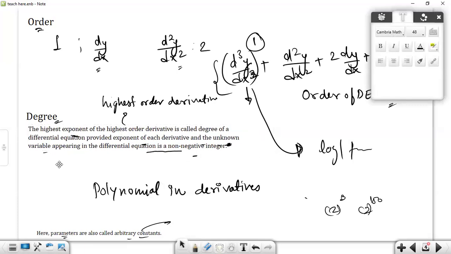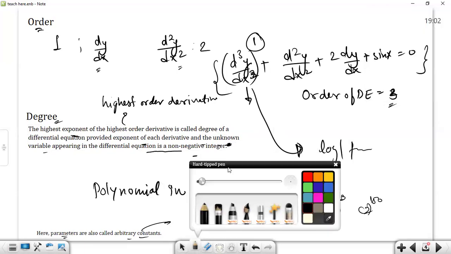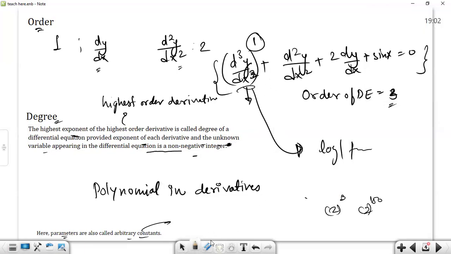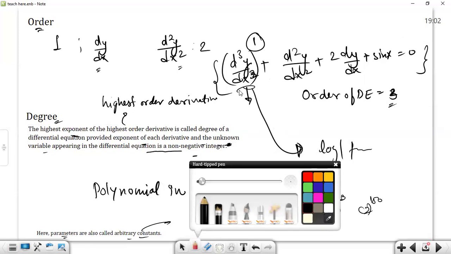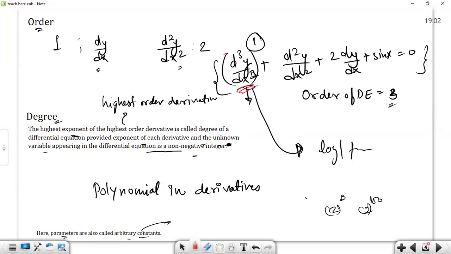The highest exponent of the highest order derivative is called the degree of the differential equation. As in this case, the highest order derivative was this, and its exponent was 1. So that's why the degree of this particular differential equation will also be 1.